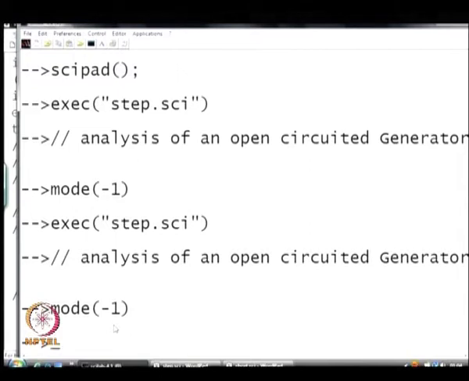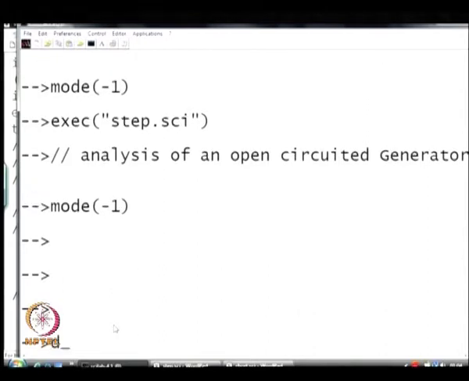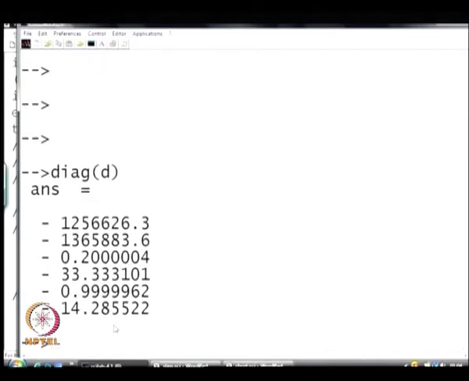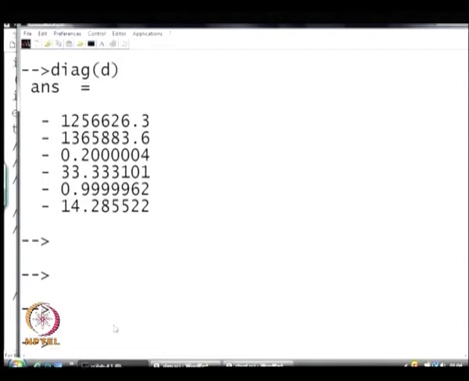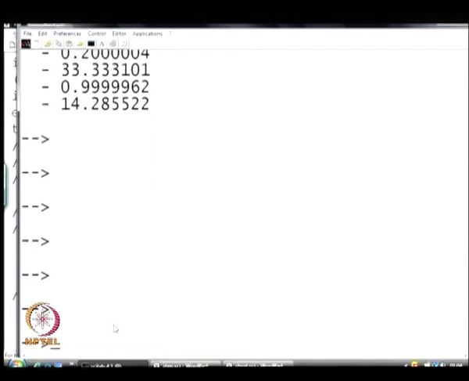Okay. So, it has done this evaluation of the time response, but before I go ahead, let us look at the eigenvalues of this matrix. These are the eigenvalues; it is a stable system, since all the eigenvalues are negative.